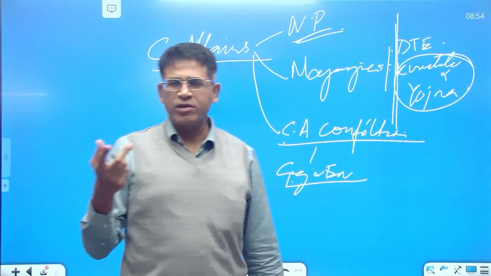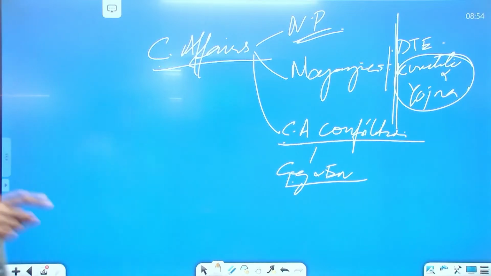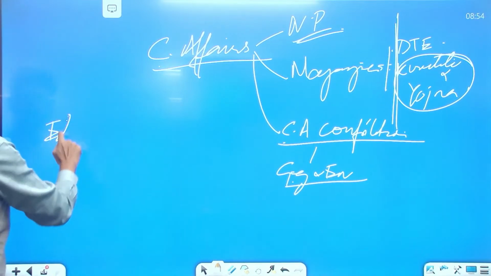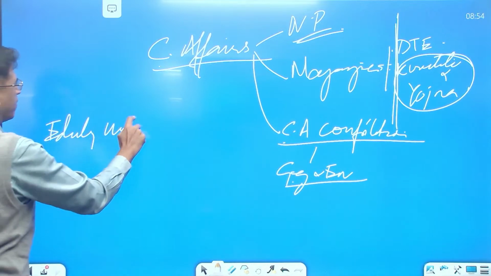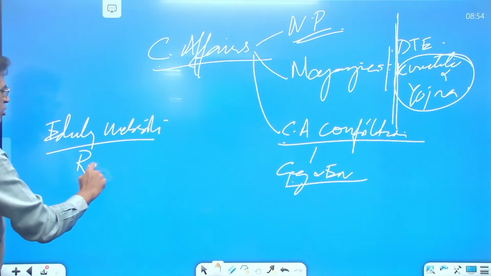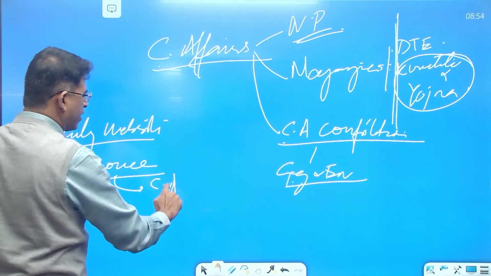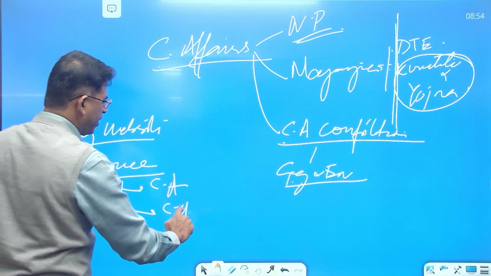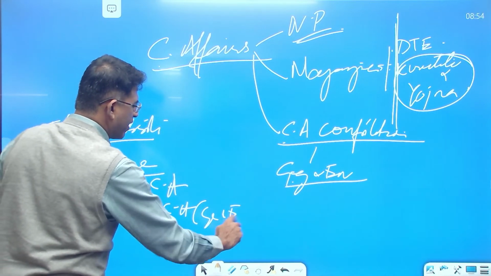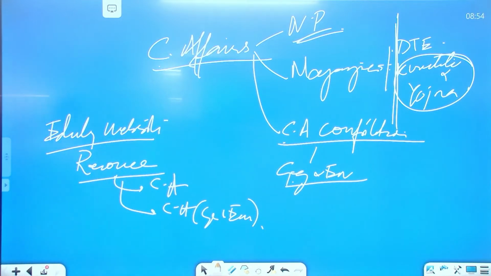For that, go to the Edukemy website. There is a tab called Resources. Under Resources, you'll have current affairs, and current affairs for geography and environment. You can rely on this.